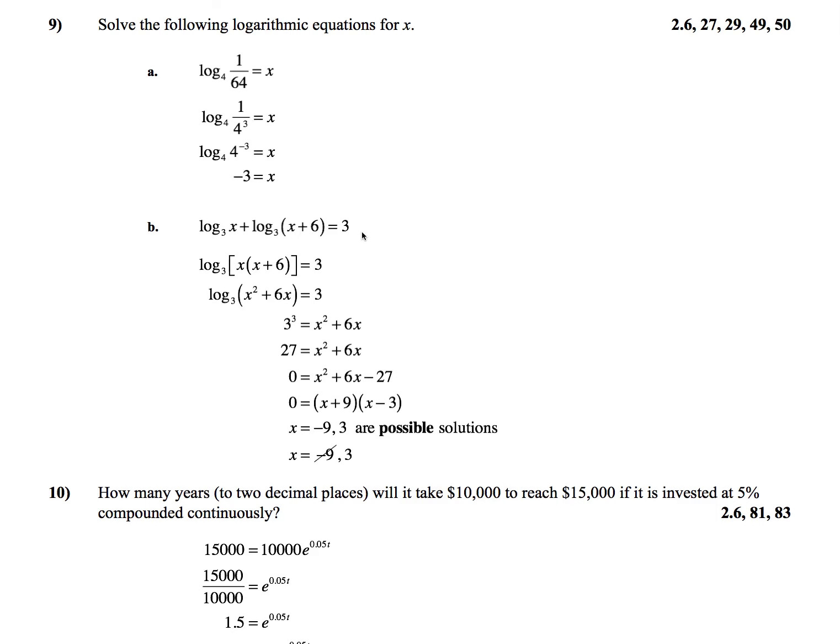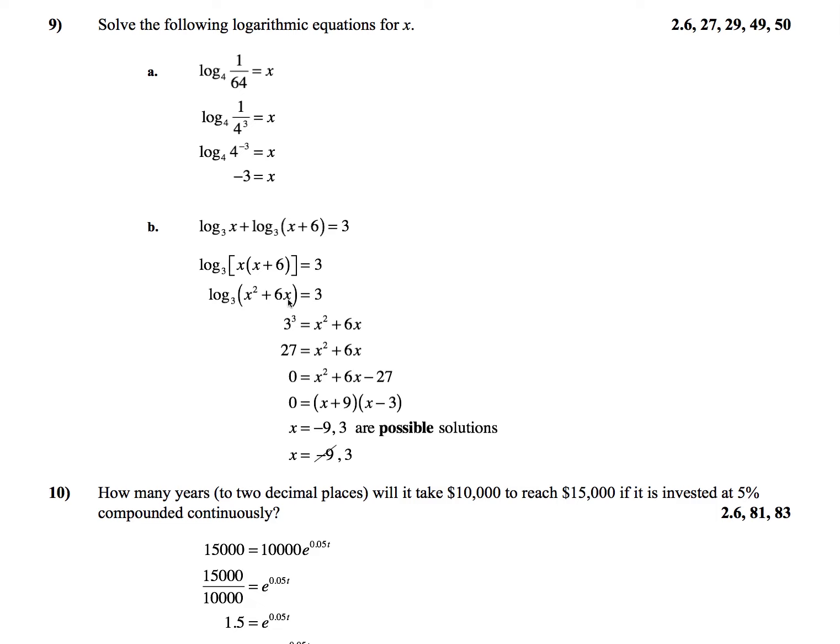We use the product rule that tells us that two logarithms with the same base added together can be compacted down into one logarithm with that base of the two arguments, that's what those are called, multiplied together. So we multiply x times x plus 6, and that's what we're taking the log base 3 of. x times x is x squared, x times 6 is 6x. So we have log base 3 of x squared plus 6x.